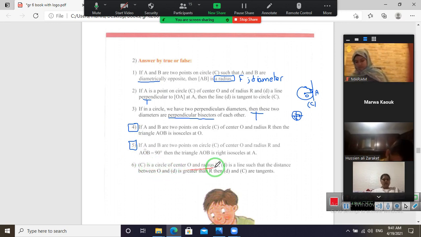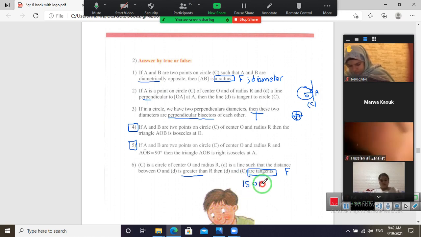C is a circle of center O and radius R. D is a line, and the distance between O and D is greater than the radius. Then it's tangent. Can I say that? It is called exterior. False. It's exterior. And we say then D is an external line.